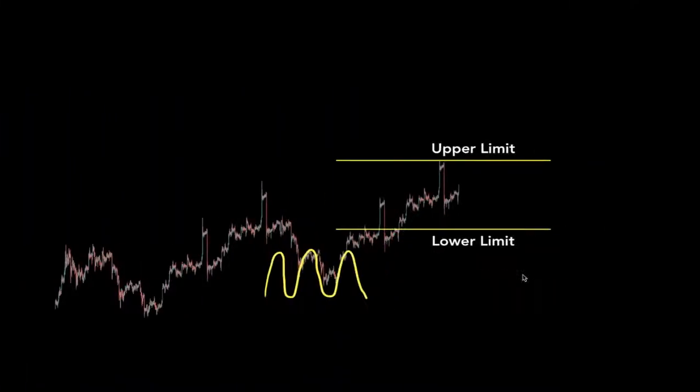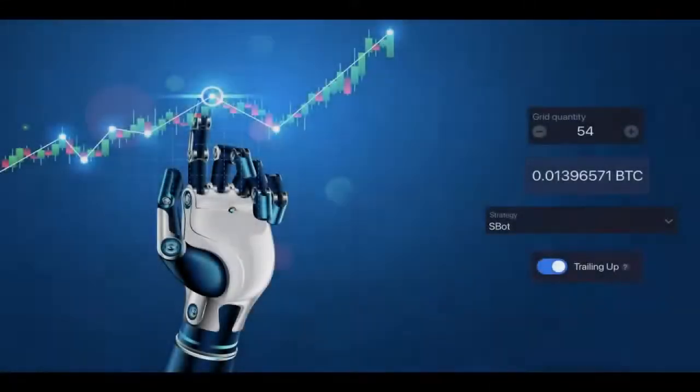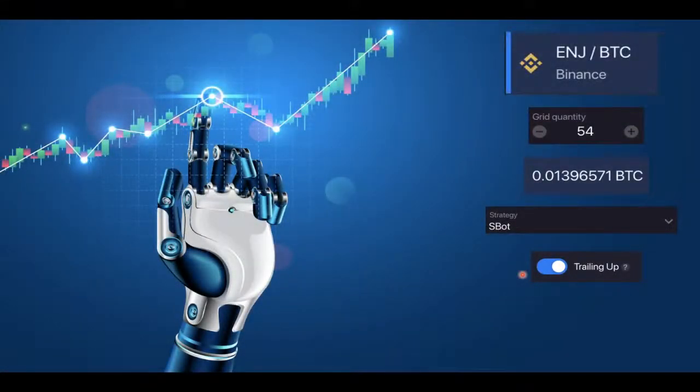So to elaborate this topic further, I will explain this example here. That's an ETH trading to Bitcoin. That's my real trade, and in this trade configuration I had my trading up feature on.